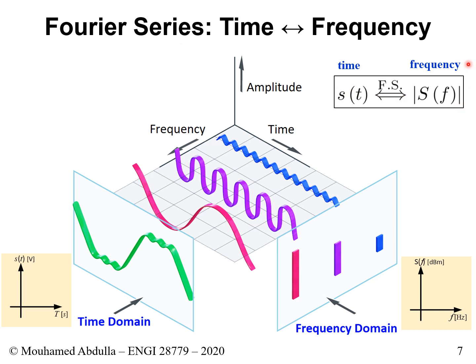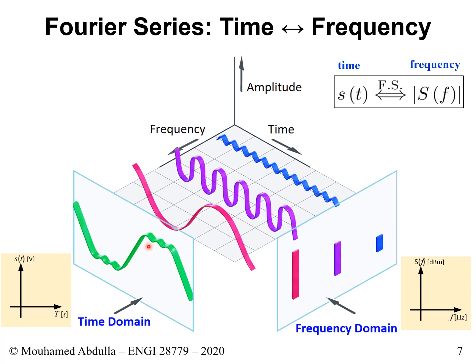Or if you are given frequency domain, you'll be able to go from frequency domain to time domain. So it's bidirectional. You can go from one end to the other, and also from the other end back to its original state. So if I give you, for instance, this, you should be able to essentially get this, right?